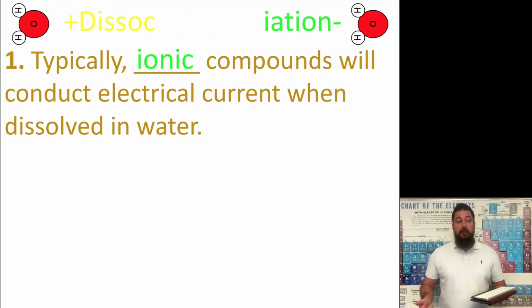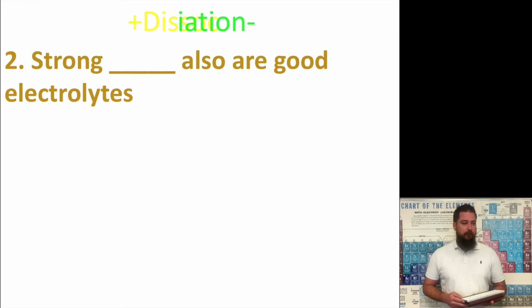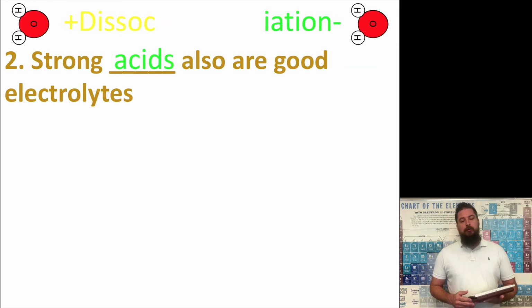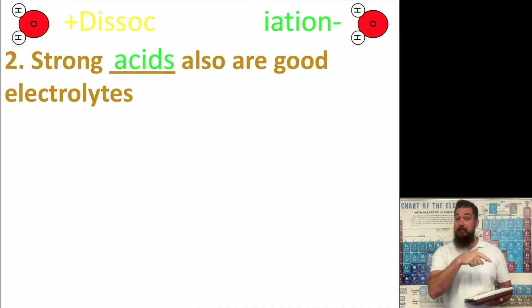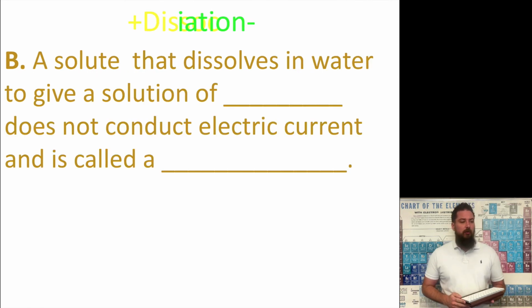Now, typically, ionic compounds will conduct electric current when dissolved in water. This whole part about acids, we're just talking about this now. We actually will not talk about it again until next unit, but I will refer back to this next unit. But strong acids are considered to be good electrolytes, and we'll talk about why that is.